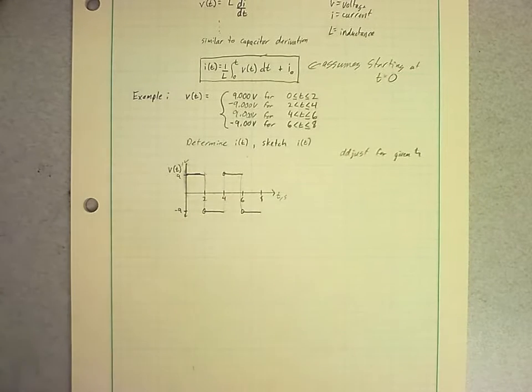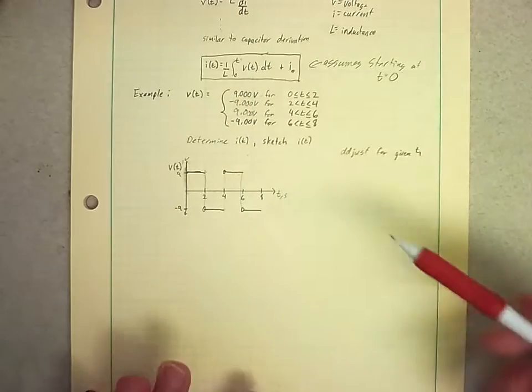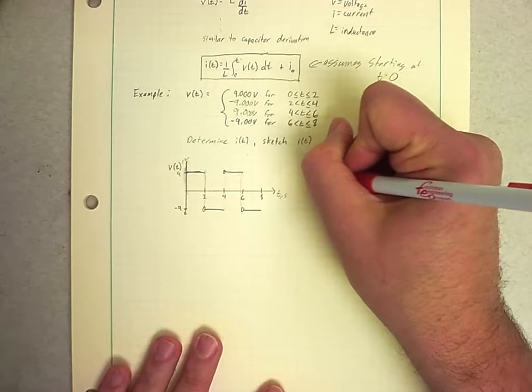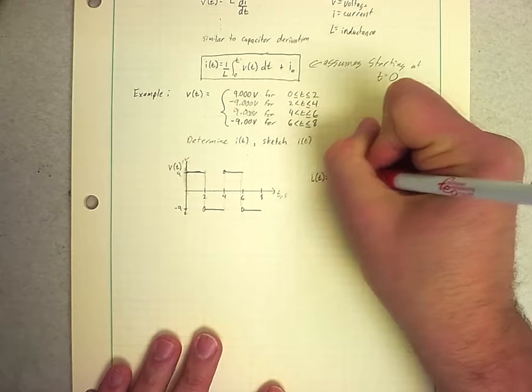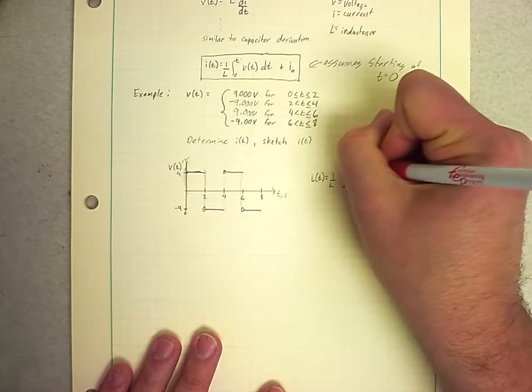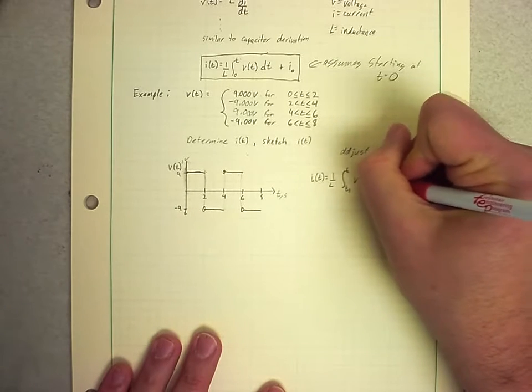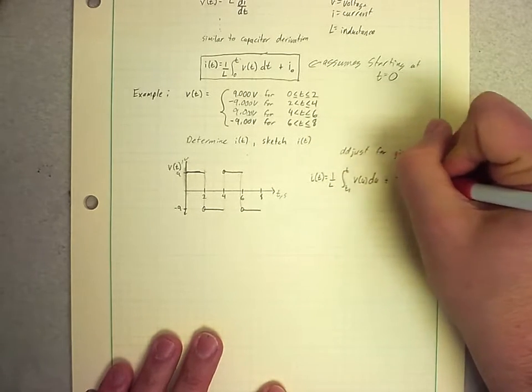So similar to what we had to do when we had acceleration going up to velocity going up to position, instead of evaluating from 0 to t, we just need to evaluate from t1. So it looks something more like I of t is going to be 1 over L times the integral from t1 to t of v of u du plus I of t1.